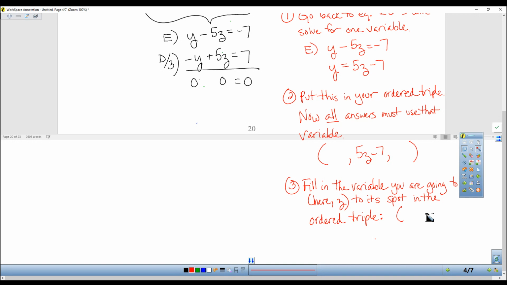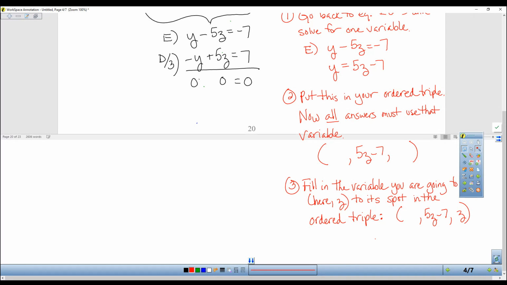So now, remember, from step 1, I picked one variable I could get easily. It was y, and I made y 5z minus 7. So that is still 5z minus 7. In this step, I'm filling in the variable I'm going to use, so z is my variable. I'm going to put that in its correct spot, which is here. I'm almost done. I know 2 of the 3 variables.